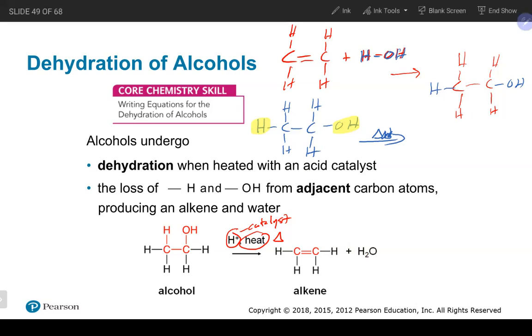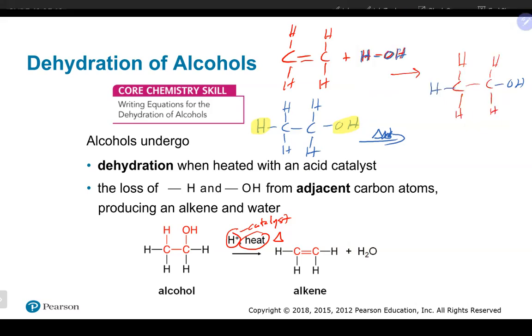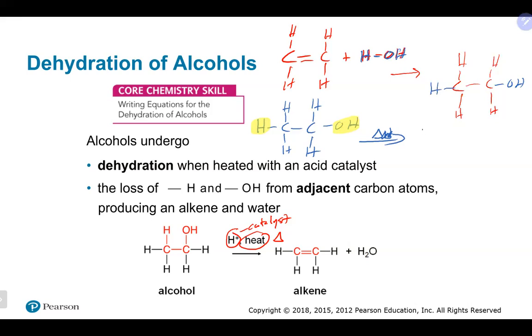The result is that we get water formed. Once again, nothing really changes in that molecule other than you take those two things off. So you can redraw it exactly the way it looks without the water part. Now if you look at the carbon, it's short a bond because we took those two things out, and we will put back our double bond. So the dehydration of an alcohol gets you back to an alkene.